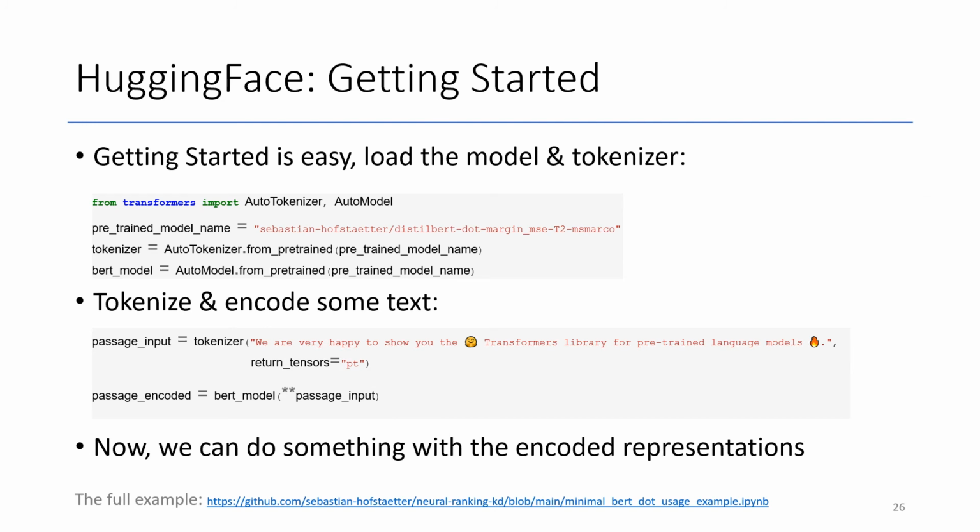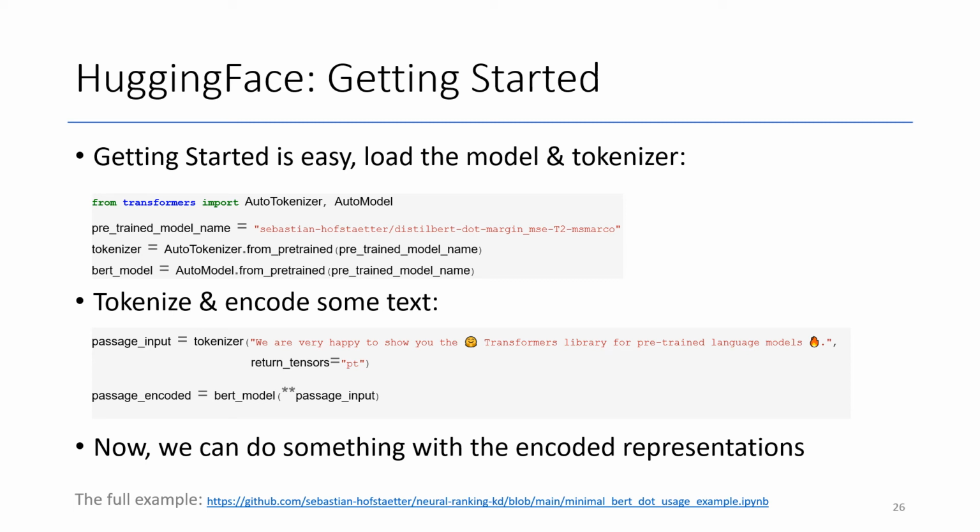If you want to get started, it's super easy. So here is a very short example that shows you, you just point to the repository name and then create a tokenizer and model from the configuration stored there.